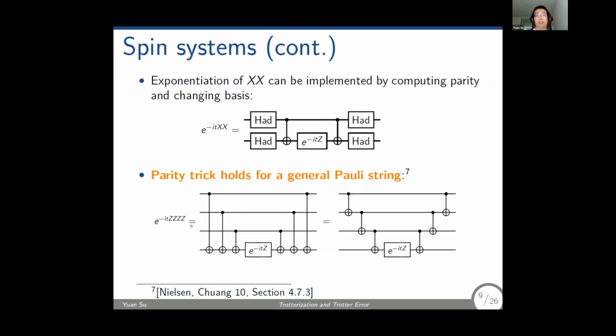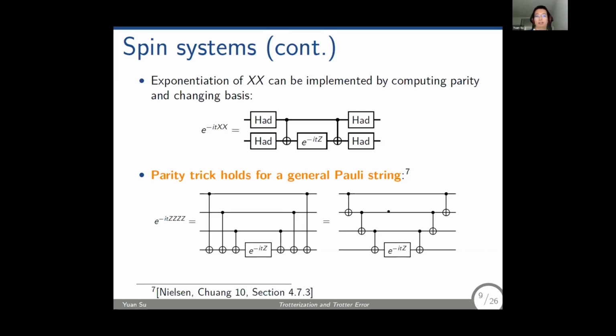You can do something similar. You compute the parity, let's say, to the last qubit. Since this qubit now contains the parity information, you just perform the exponentiation only on this qubit, and then you undo the computation of the parity.